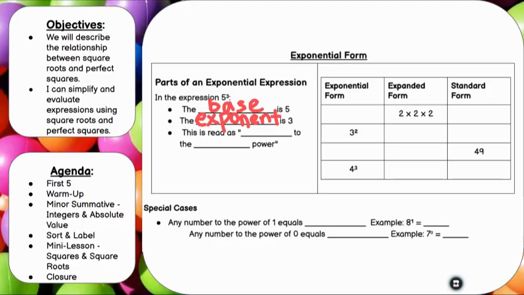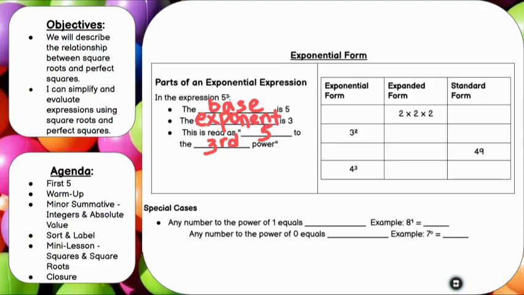And this can be read multiple different ways. We can read it as 5 to the third power. We can also read it as 5 to the power of 3. And then some of you might also know that with the exponent of 3, we can say cubed. So we could actually say 5 cubed as well.